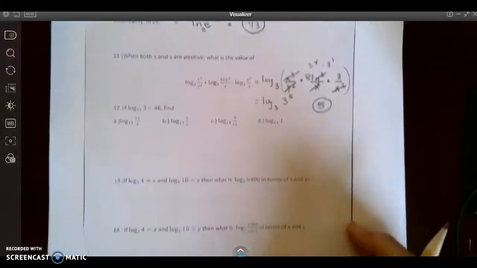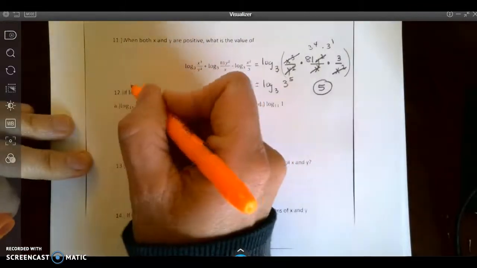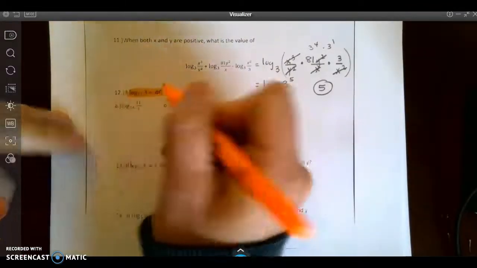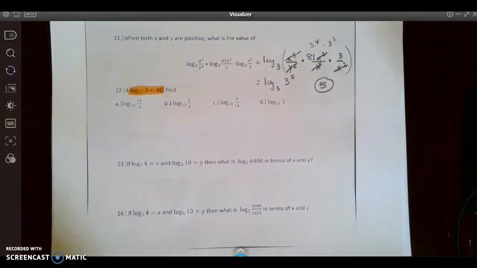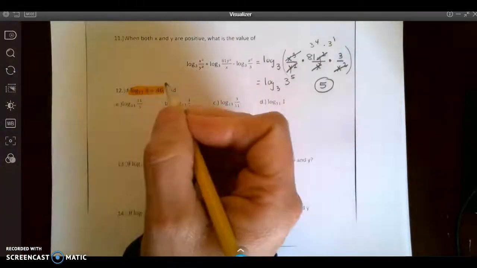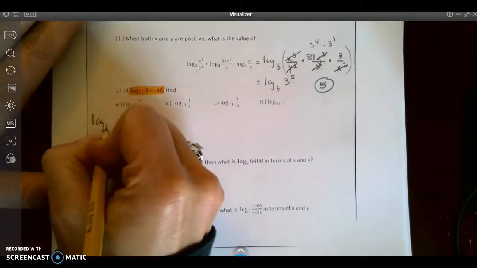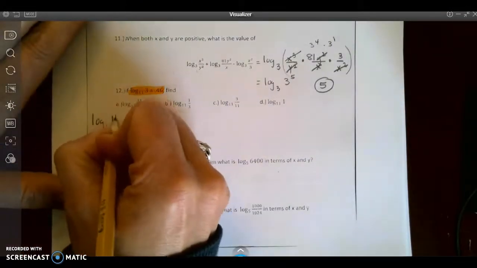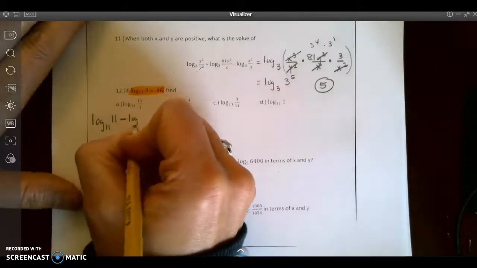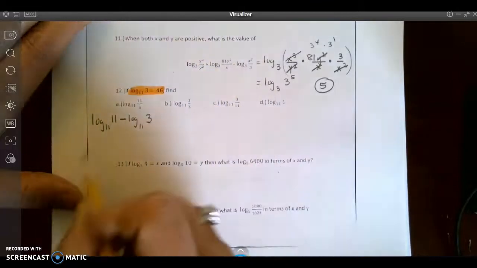All right, let's go to number 12. Log base 11 of 3 is 0.46. So then I've got to find these different values. So I'm going to have to somehow get log base 11 of 3. So I've got log base 11 of 11 minus log base 11 of 3, because division means subtraction.